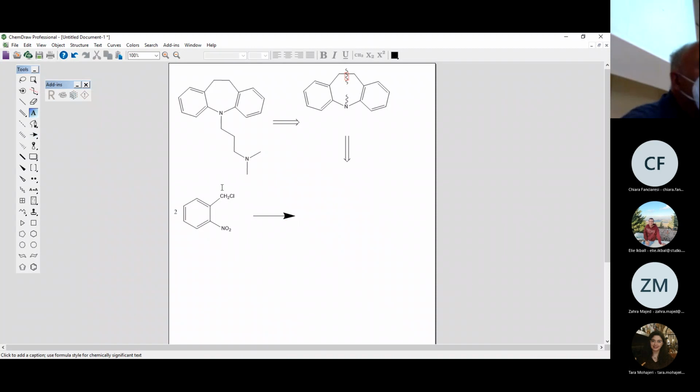Strong basic condition, NH2, for example.